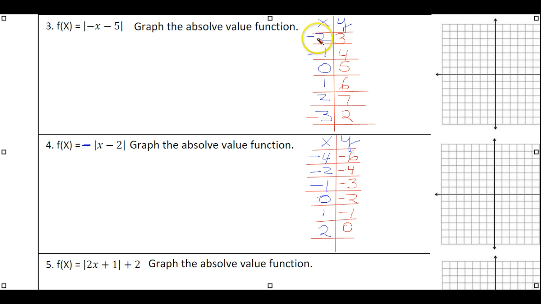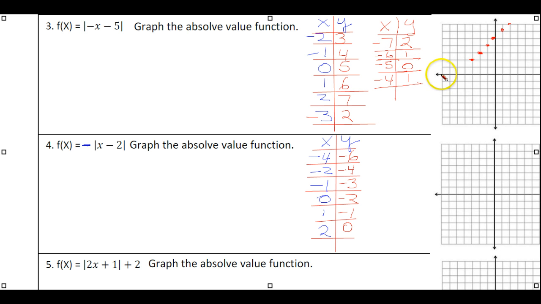So let's plot it now. -2, 3. So -2, 1, 2, 3. -1, -1, 4. Well, here's a case where I kind of didn't get my regular shape yet, so I had to put some more points.